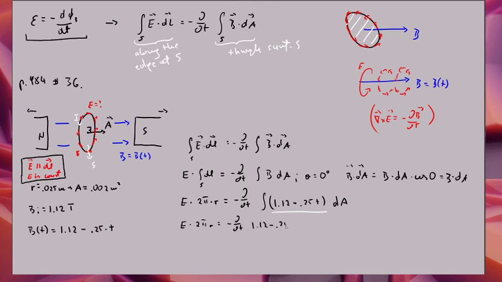1.12 minus 0.25 t comes out of the integral because there's nothing relevant to dA in this expression, times the integral of dA over the surface S. So the next step is the electric field times 2 pi r equals minus d dt of (1.12 minus 0.25 t) multiplied by the area of the surface that I'm considering.